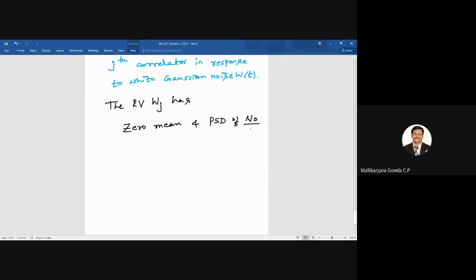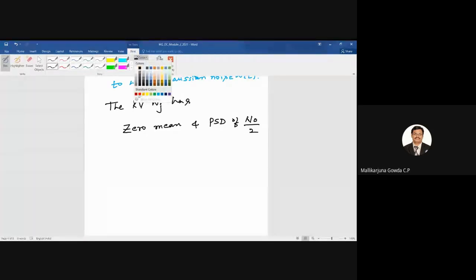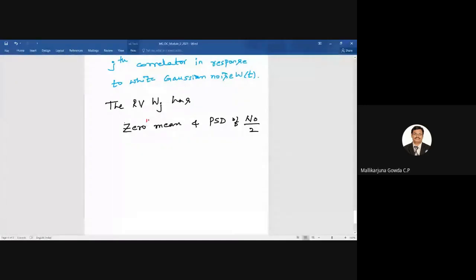By definition of the white Gaussian noise, the noise has a mean of 0 and a power spectral density of n naught by 2.